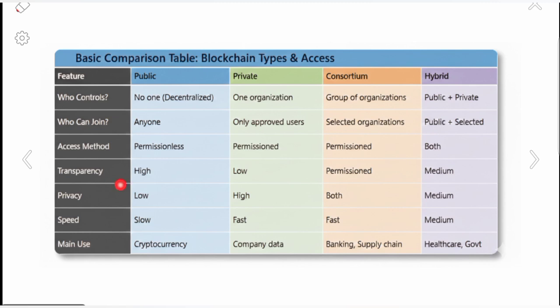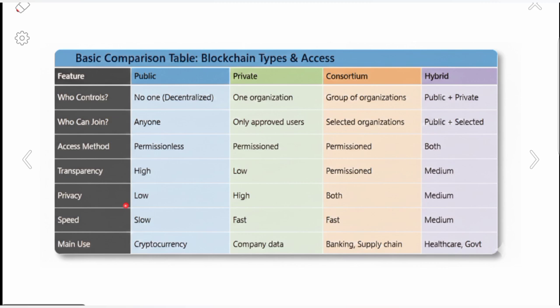Next, transparency. Transparency is high in the public blockchain, right? Every transaction will be clearly visible to other users in the blockchain, whereas it is low in private blockchain and it is permissioned in the consortium blockchain. Why? Because there are multiple companies participating in the network.